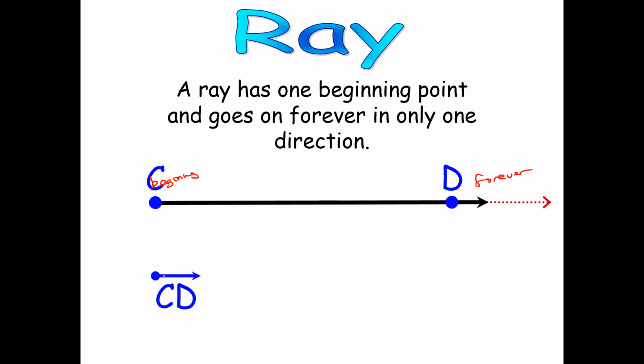The previous one has two arrow signs going to both ends. If it has arrows on both ends, then it is a line, but this is just a point on one end, and it goes to the right side and has an arrow. This is read ray CD.